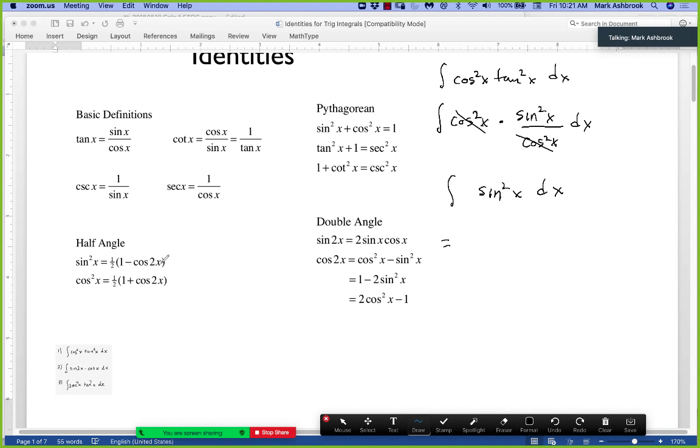It's going to be 1/2 times 1 minus cosine 2x. So this is ready to go. We just bring the 1/2 out, and then we're going to have antiderivative x, minus sine of 2x, and we'll need a 1/2 there.